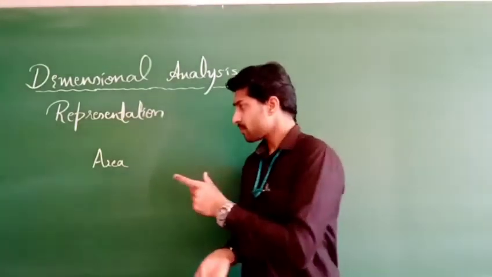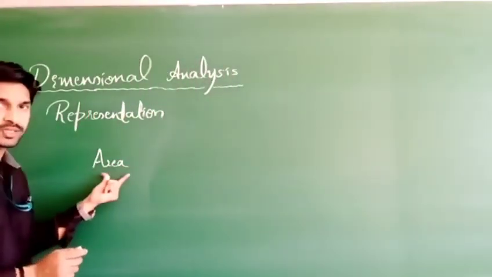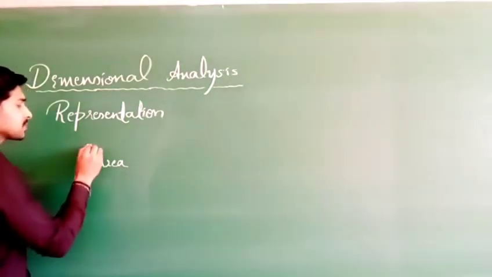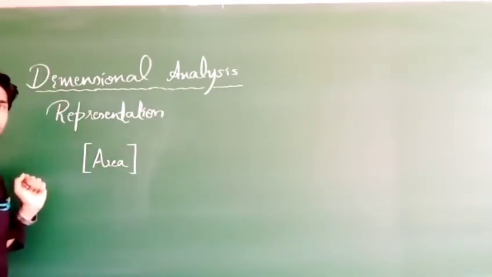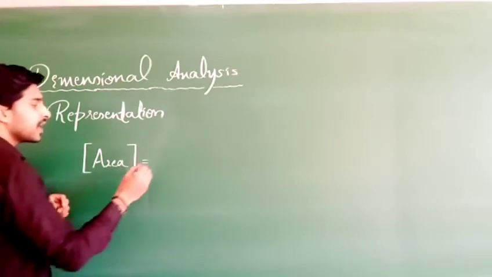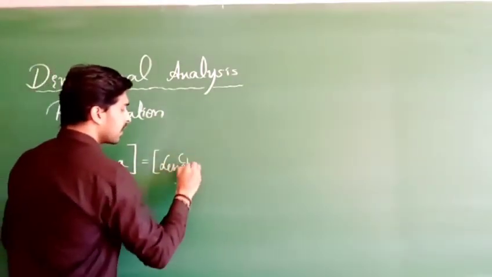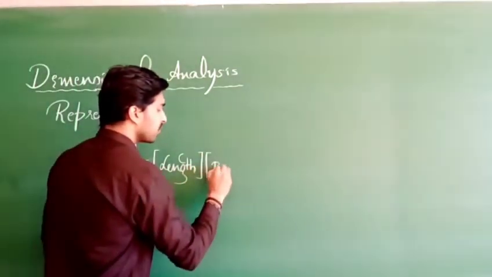If I want to write the dimensional formula for area, I will use square brackets. So the dimensional formula for area is the dimension of length and the dimension of breadth.